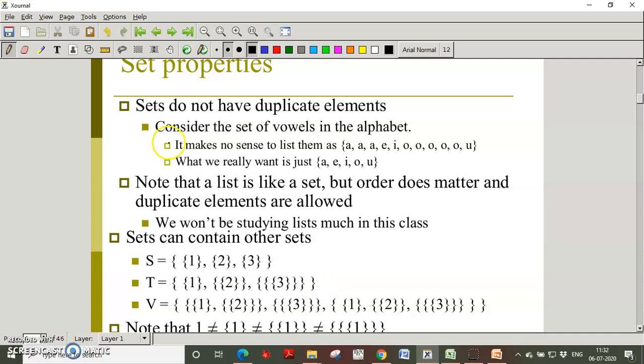Set properties. Sets do not have duplicate elements. Take the example of vowels of the alphabet.